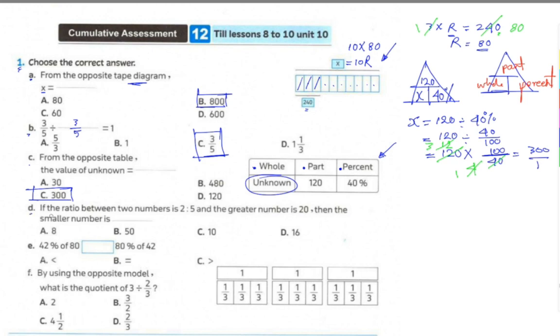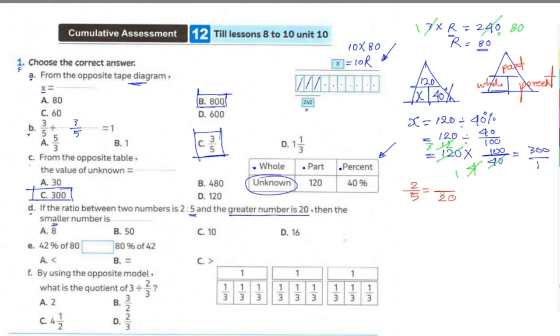D. If the ratio between two numbers is 2 to 5 and the greater number is 20, of course the greater number corresponds to the greater term, 5. Then look with me: 2 over 5 equals the smaller number over the greater number 20, corresponding to 5.